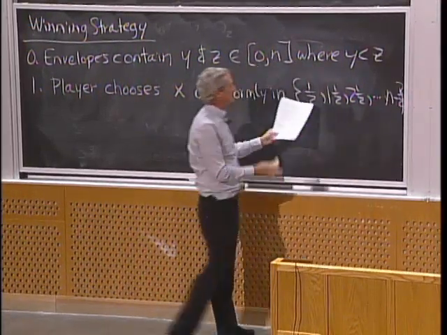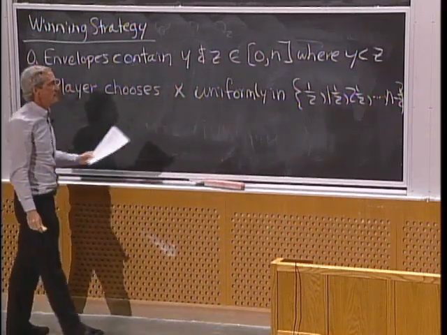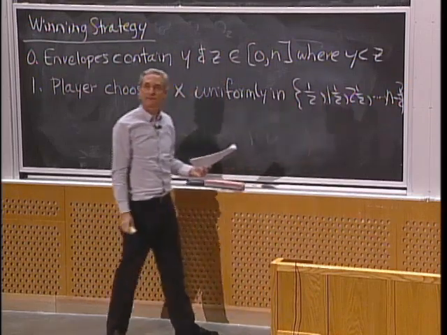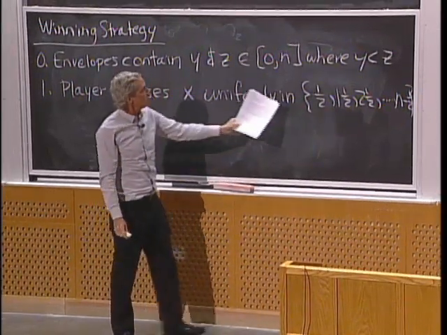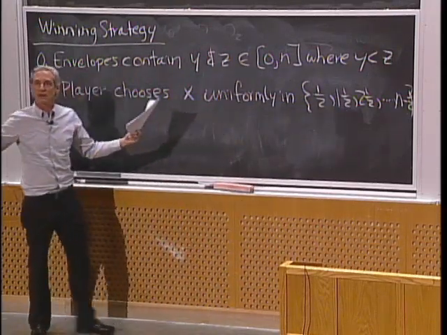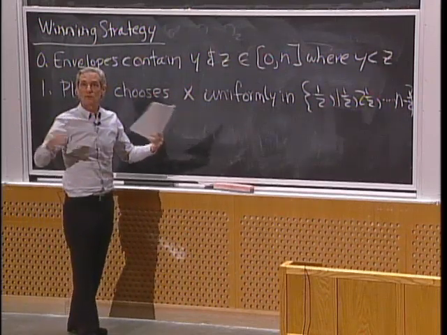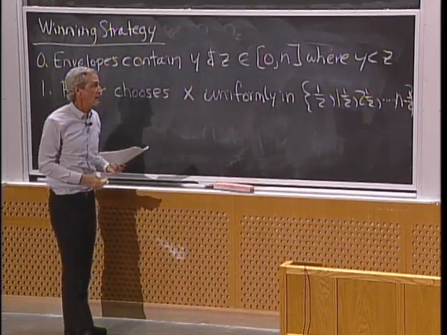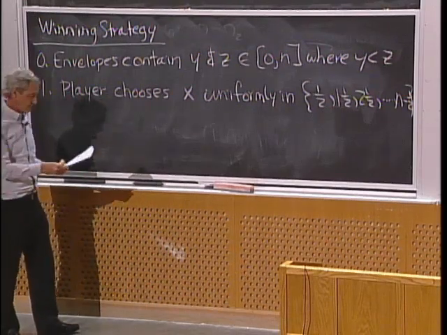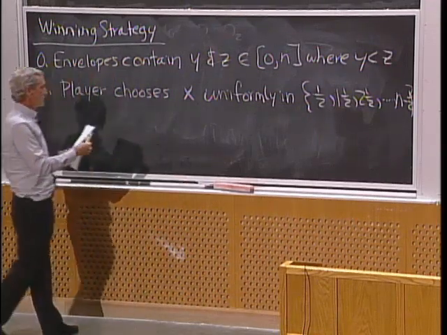You know, because the player picks anything else, it's useless. He won't have a chance to win. But he might, you know, in the case of 5 and 6, might have picked 5.5. And we're going to make our random guess be equally likely among those n values because, well, he doesn't really know what the numbers are I put in the envelopes. If he sees 6, he doesn't know if it's 5 or it's 7. Okay? So that's why we're going to pick them all equally likely, and it's uniform.